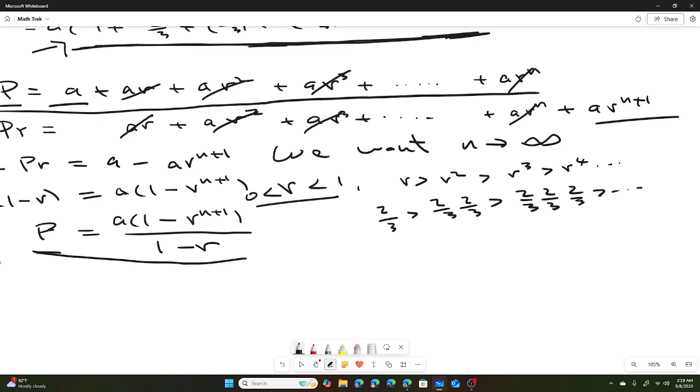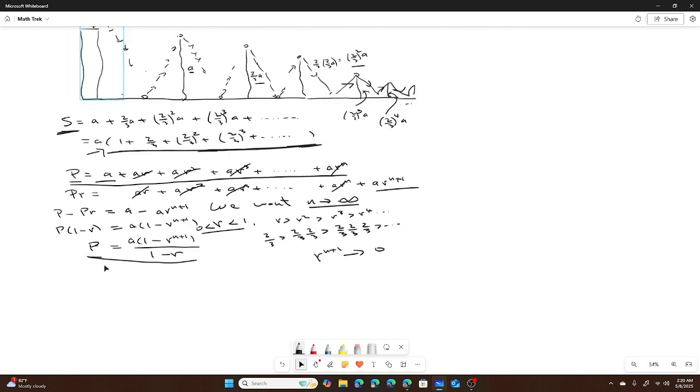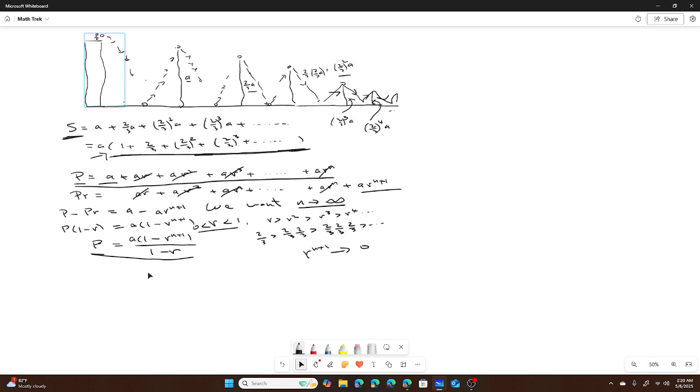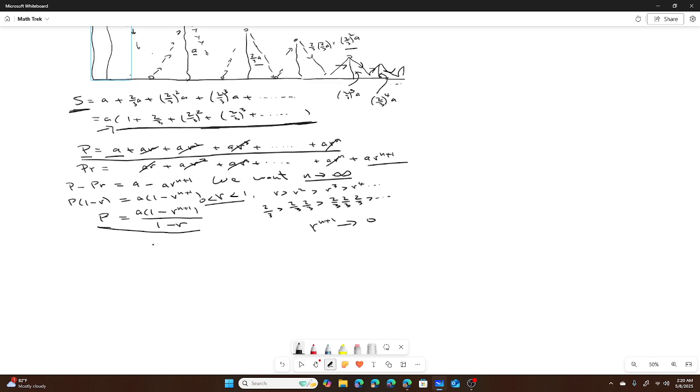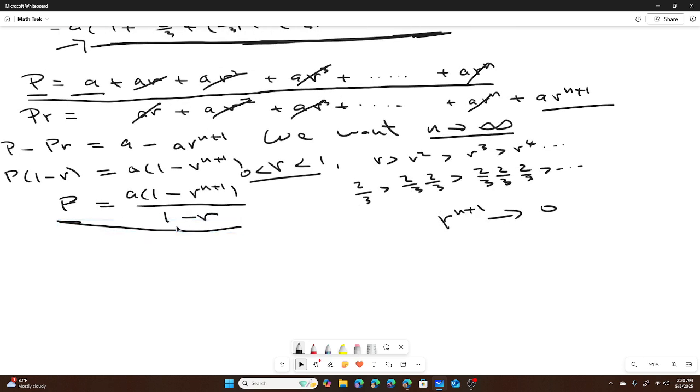So by this reasoning, if we set n to infinity, r^(n+1) approaches 0, and this whole term is going to be 0.